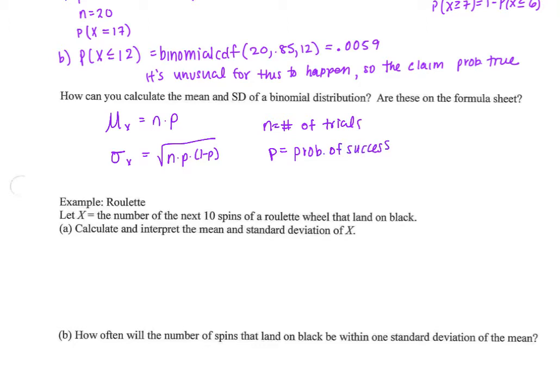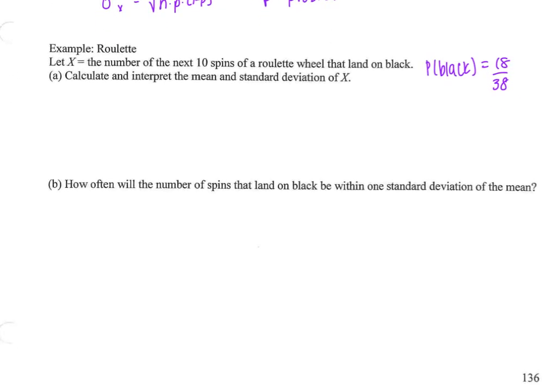Alright, so we've been doing a roulette example so far this unit, and the probability of landing on black was 18 out of 38, if you remember from previous videos. So we're going to calculate and interpret the mean and standard deviation for this scenario. So the mean of x is going to be 10 spins times 18 over 38, which when you type in the calculator is 4.74.